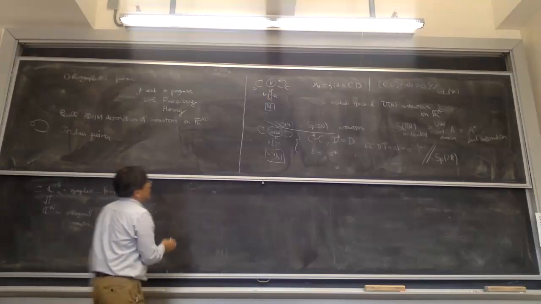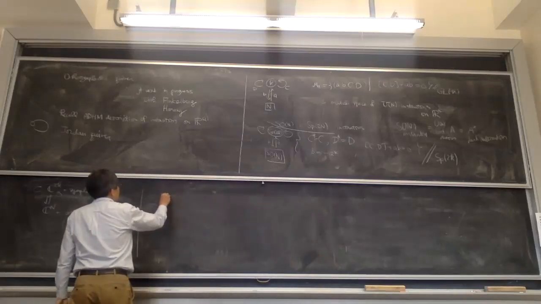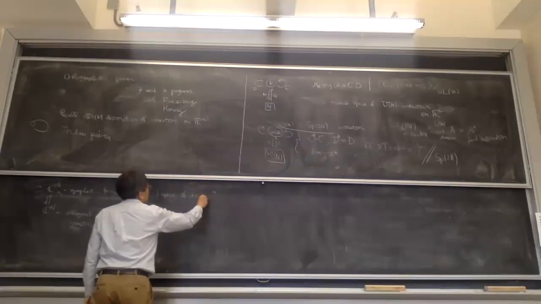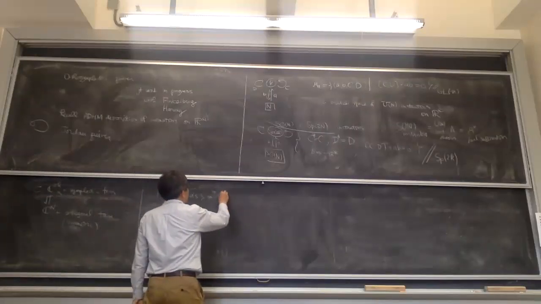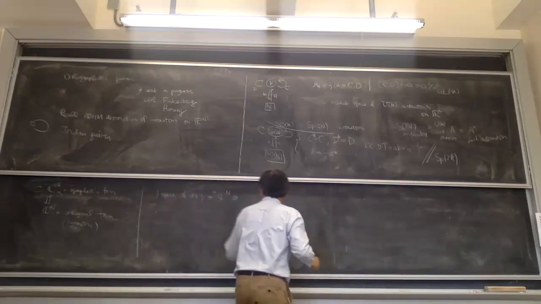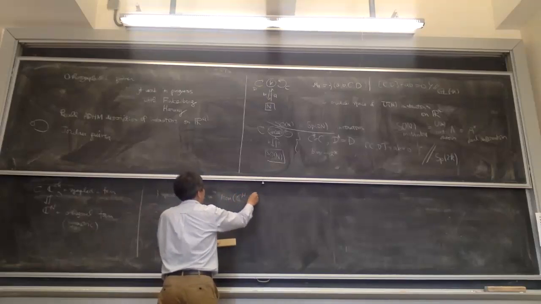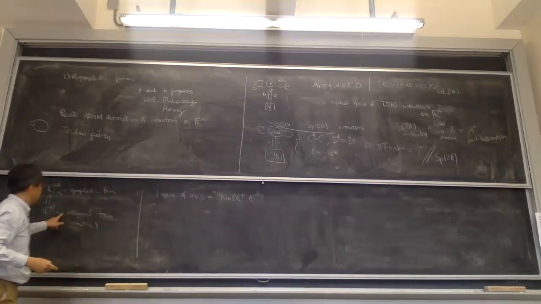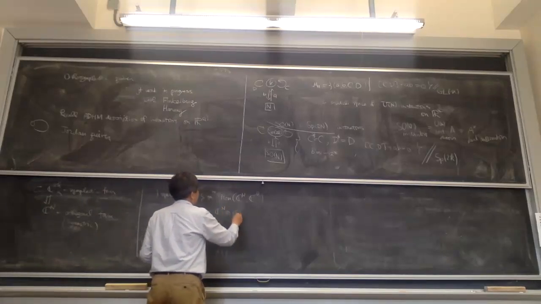So from this equation, B is determined from A. So the space of A's is a tensor product of C^N, maybe this is Hom of C^N to C^K. Or C^N, because we have a non-degenerate form, this is C^N tensor with C^K.